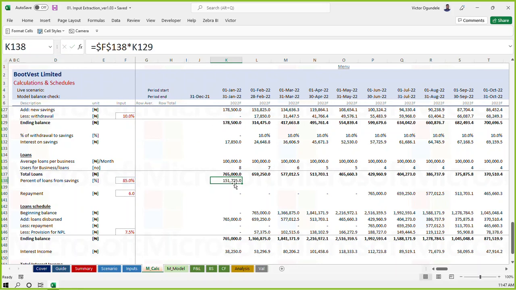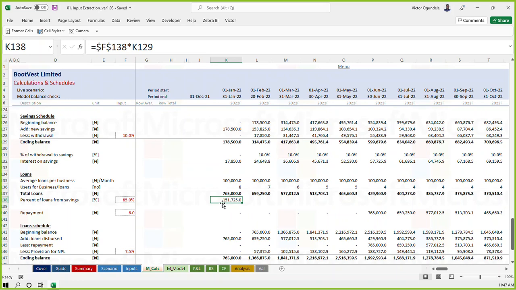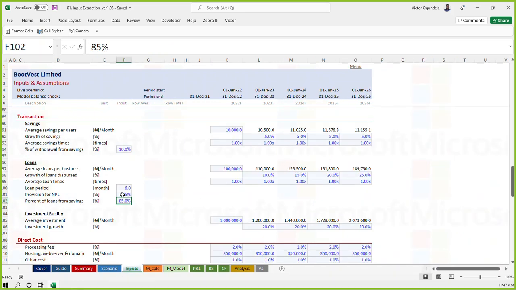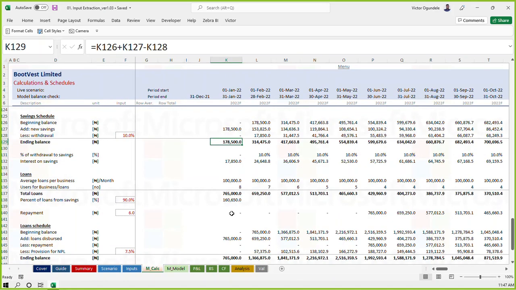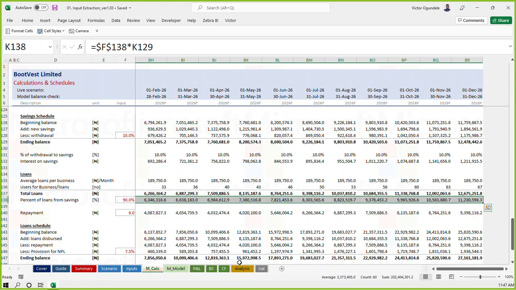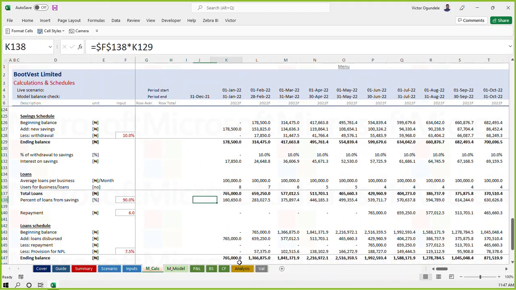Yes, we can use max, but we can simplify it. Since we've already deducted our withdrawal from here, I think we can use our 90%, because we've deducted that already. So we know that this is what we have available to give out in form of loans.